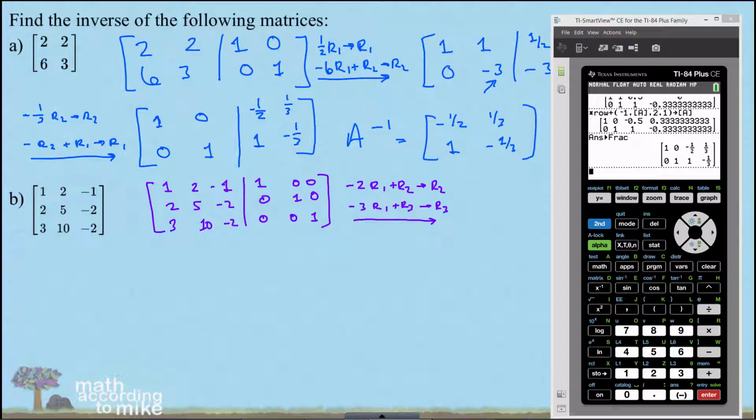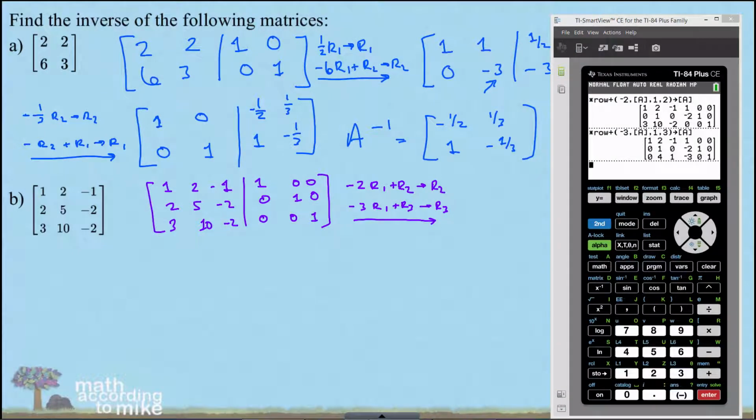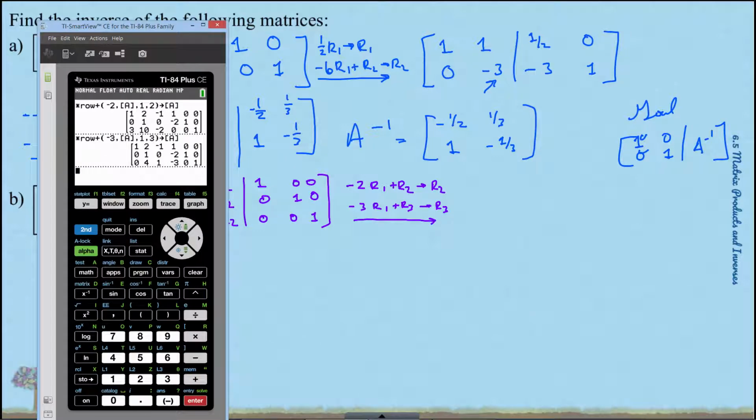So pause the video and make sure you can get everything in there just fine. So try those two operations. If you look on my computer calculator screen there, you should see the two operations and then the result there. We don't need to convert to a fraction because everything's a nice and pretty decimal. So let me copy that real quick.